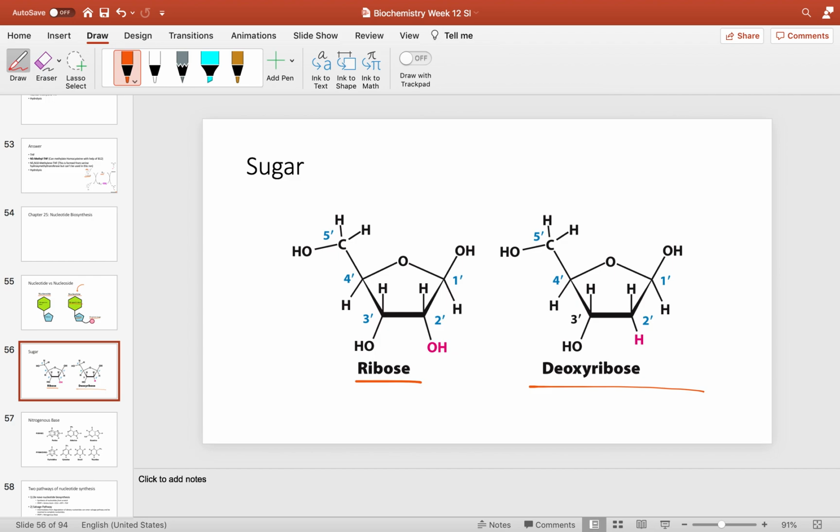If we remember from the Fischer projections, ribose was an aldose sugar, so we had a CHO on the top, and I believe it was 3 OHs all to the right. And at the bottom there was the CH2OH. Like this. So we see here these 3 oxygens, what happens to them?